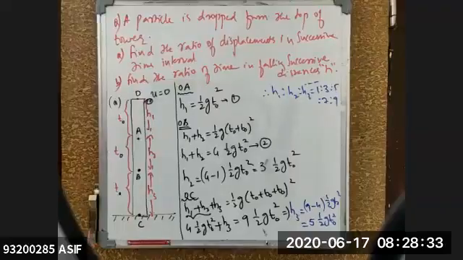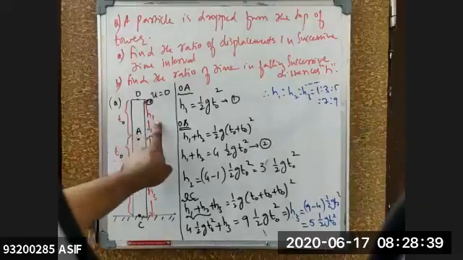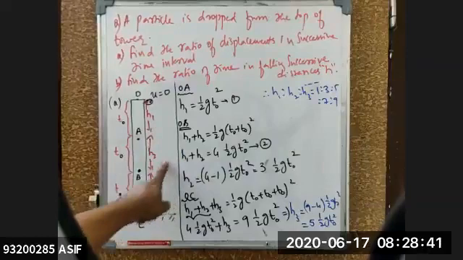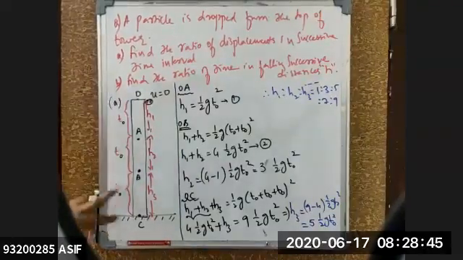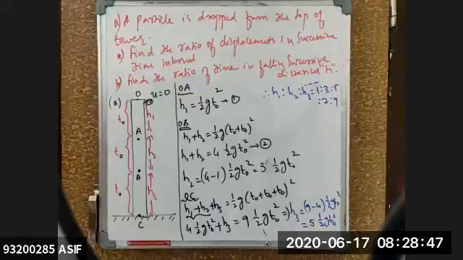Okay? So can you try it at your home, beta? The ratio of time intervals in falling successive distances. Successive distance means now, in the place of H1, take H0. This one also H0, this one also H0. Now the times will become T1, T2 and T3. So we need to calculate the ratio of T1 is to T2 is to T3.